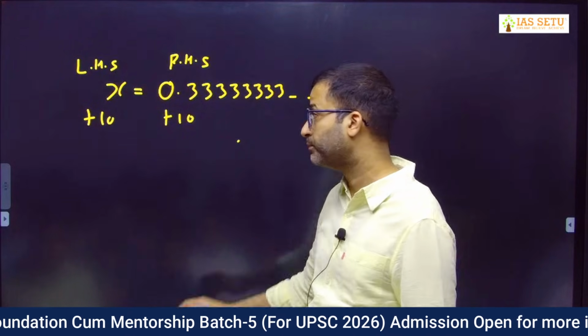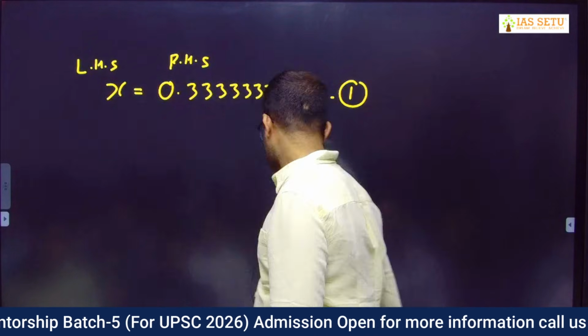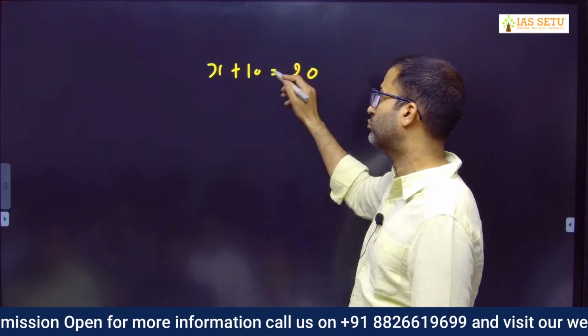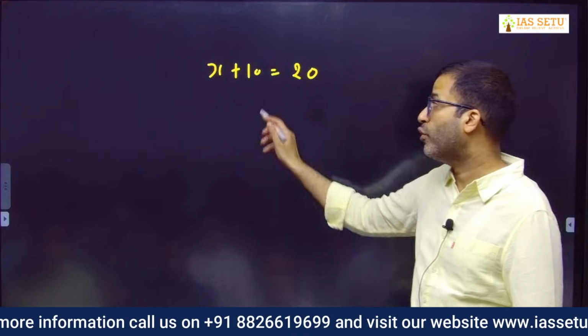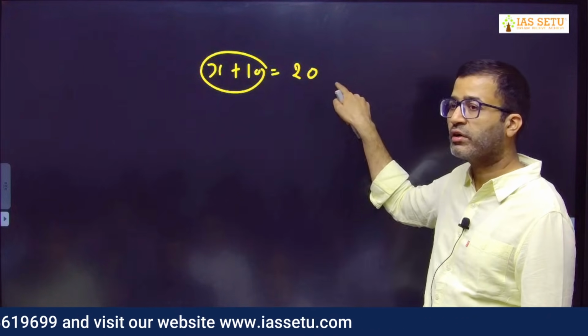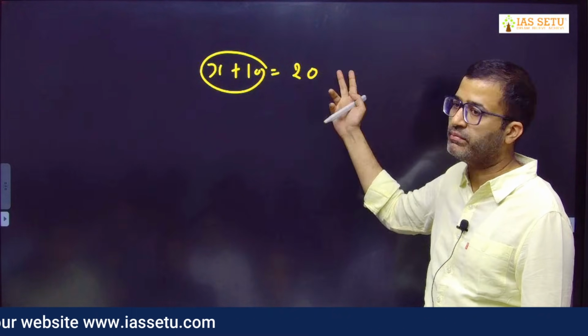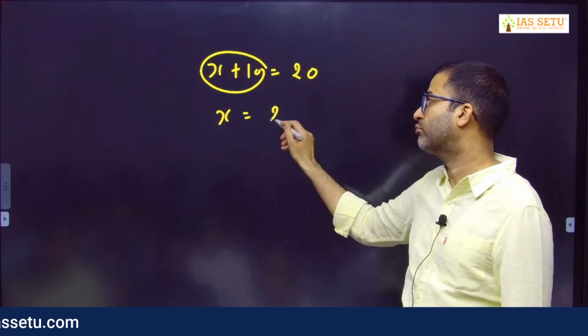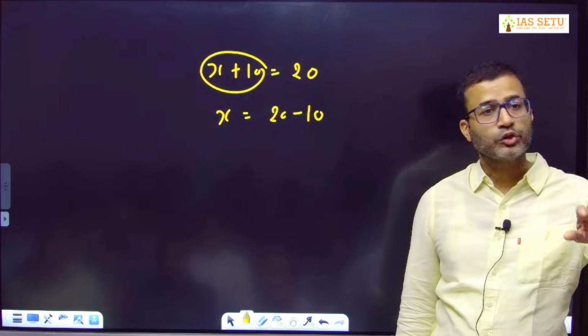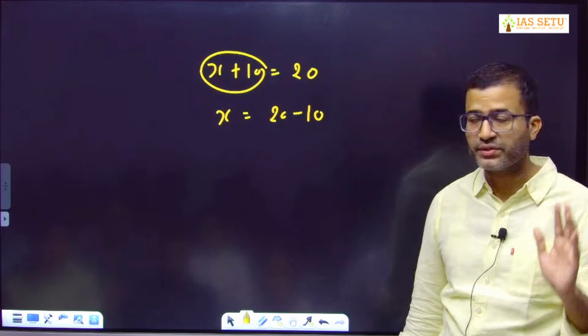This is one rule. The second rule is, if you have x plus 10 is equal to 20, and on left hand side it is plus, if you want to take it to the right hand side, the symbol changes, it becomes negative. So x will be 20 minus 10. Plus goes to the right side and becomes minus.